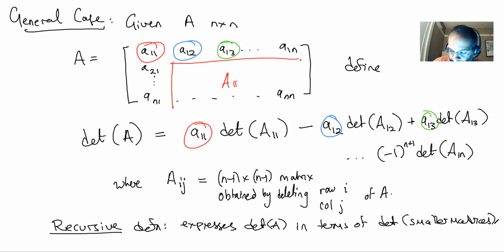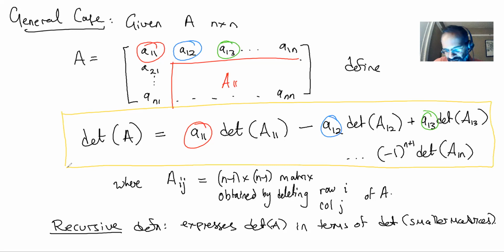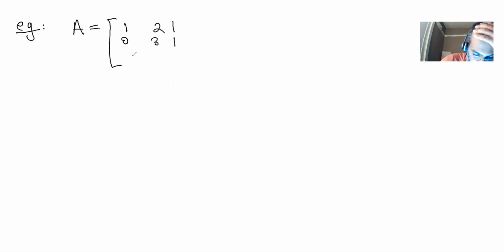So let's look at an example. Really, you can think of this as an algorithm, a recursive algorithm for computing it. Let's take A to be this matrix: 1, 2, 1, 0, 3, 1, -1, 0, -2.